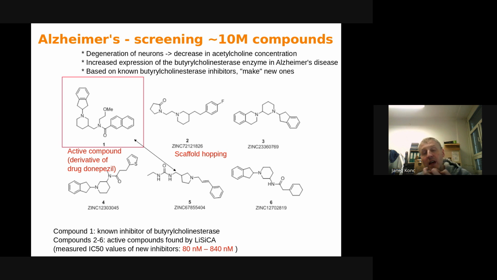Here, I want to emphasize one fact, which is not so obvious. I just hinted at it in this discussion about the Tanimoto coefficient, which is that we want to get compounds similar to our reference compound, but not too similar.